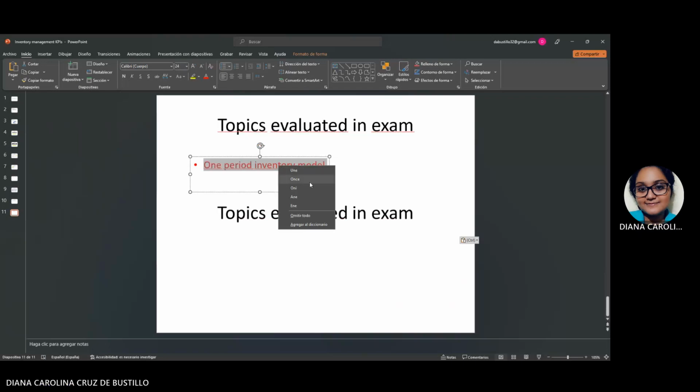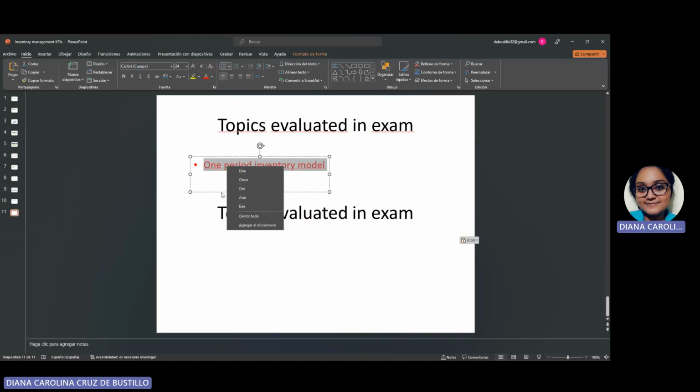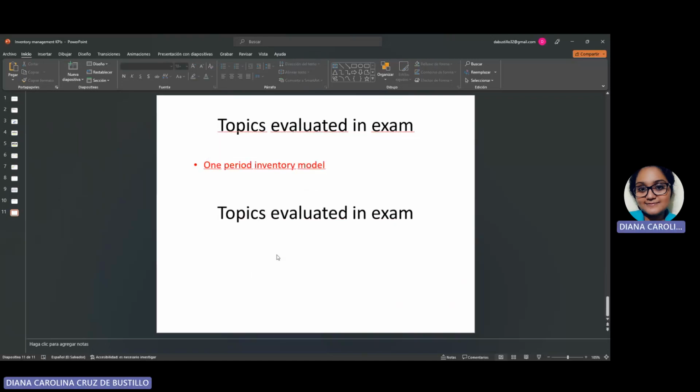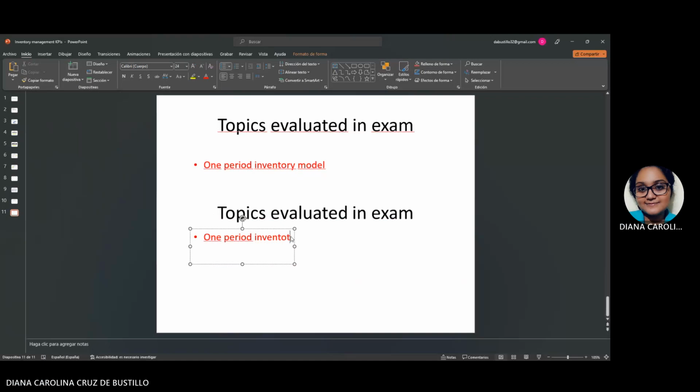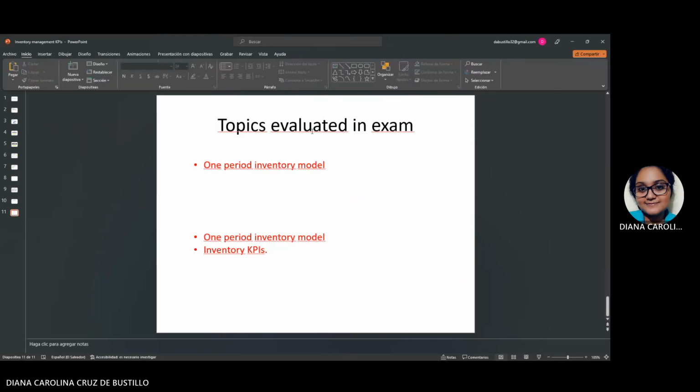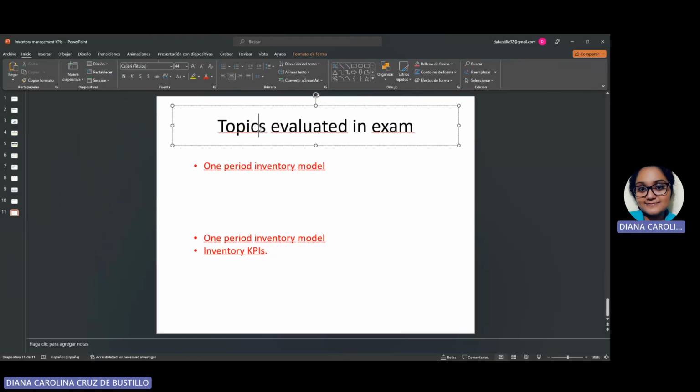Homework number 5, I'm going to evaluate both this and inventory KPIs, for you to take into consideration when studying.